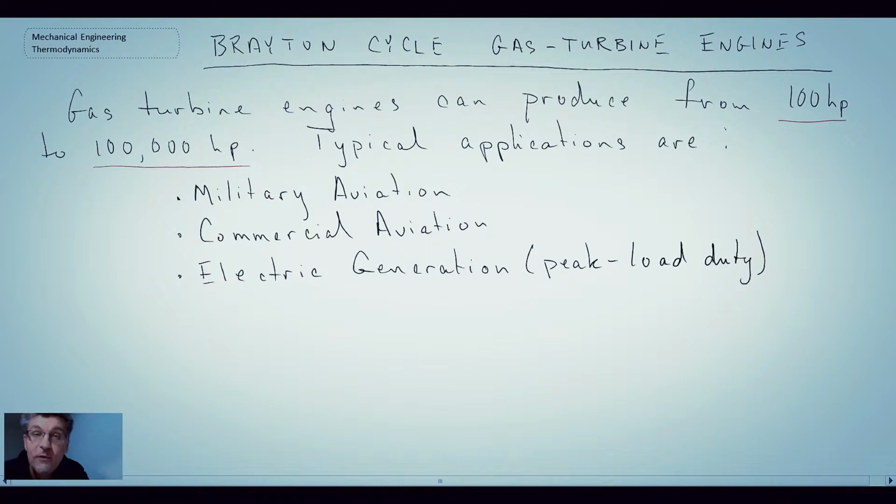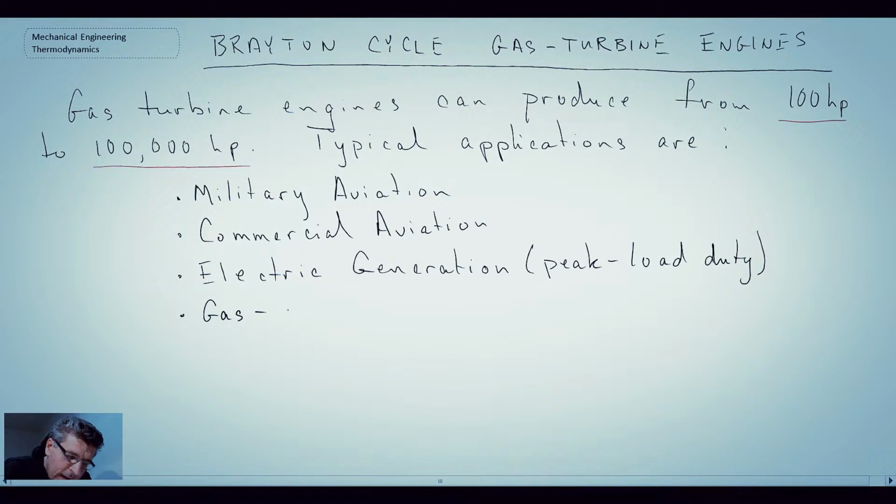They'll use gas turbine engines there because they can turn them on and off in the order of about 30 seconds to a minute. It's a fairly quick ramp up, unless you have them on continually, and then they'll kick in automatically. Other places where they're used: transportation, and gas pipeline transmission.